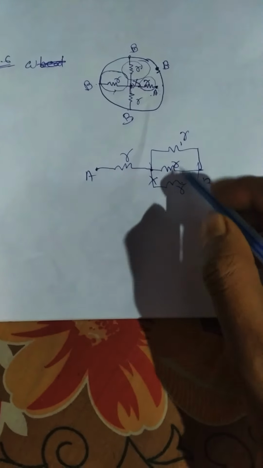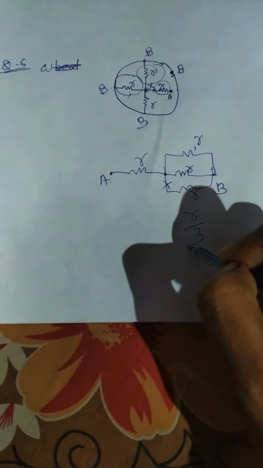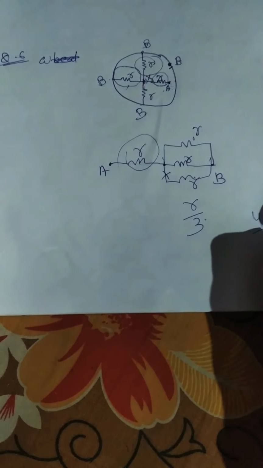So these three are parallel, so this equivalent resistance is R by 3 and this R is in series. R and R by 3 are in series, so the result is 4R by 3.